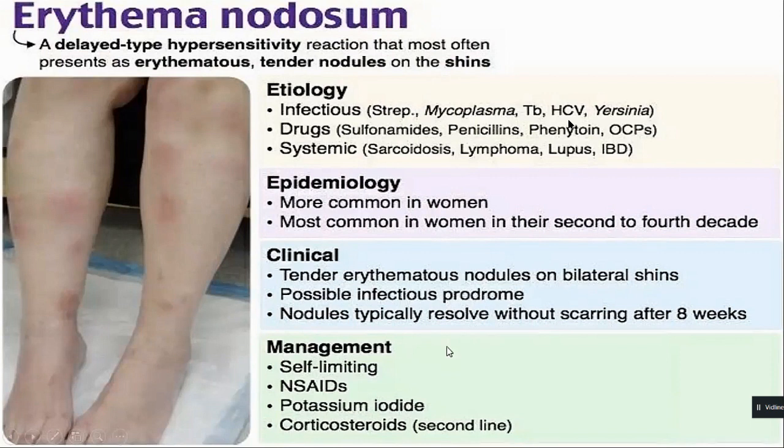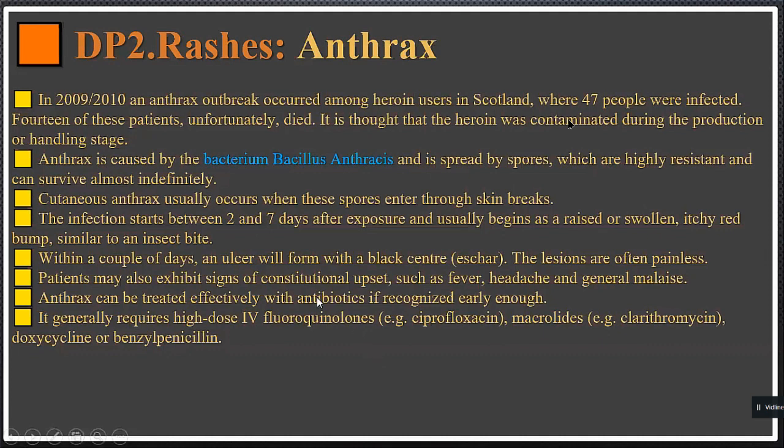Management, as we said, after 8 weeks, it's self-limiting. You can give non-steroidal because it's tender. Okay, tender. Potassium iodide, corticosteroid. This is second line, but first line will be non-steroidal anti-inflammatory.